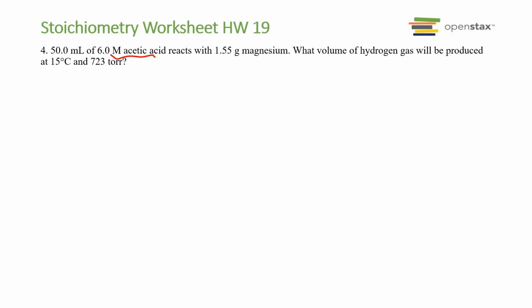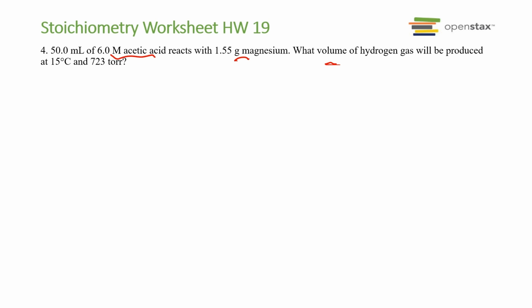And we've got a mass of magnesium, so we know we can convert to moles there based on the molecular mass. And then we're going to ultimately have to figure out what the volume of hydrogen gas is that we're producing. And so the first thing we've got to do is come up with the chemical equation.